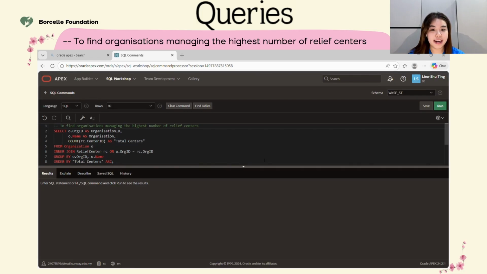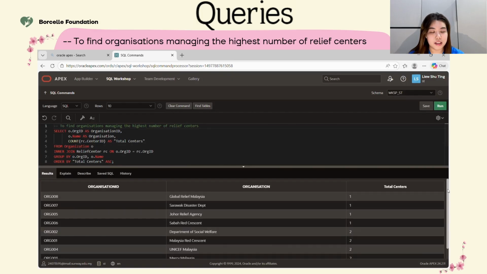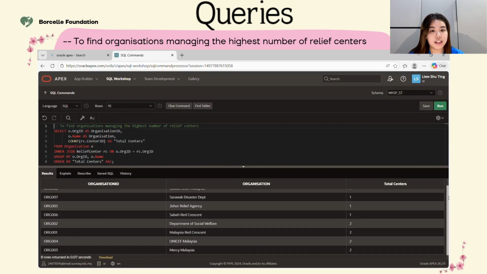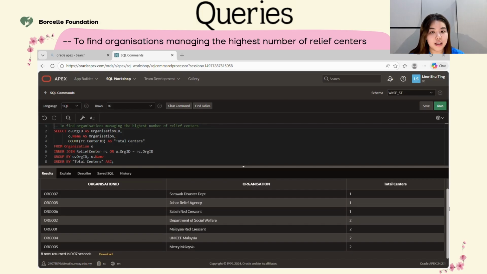First, this query identifies the organizations that manage the highest number of relief centers. By counting the number of relief centers linked to each organization, this query helps us evaluate organizational capacity, responsibility, and operational skill in disaster management.